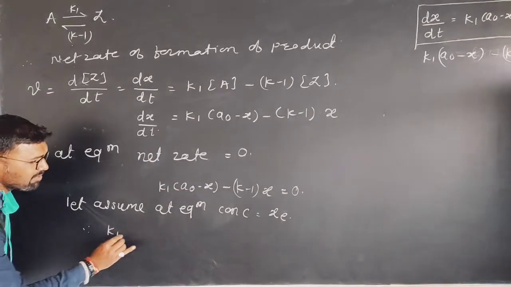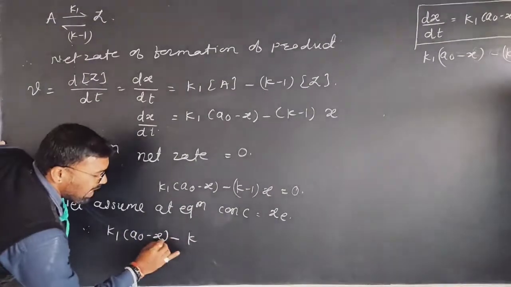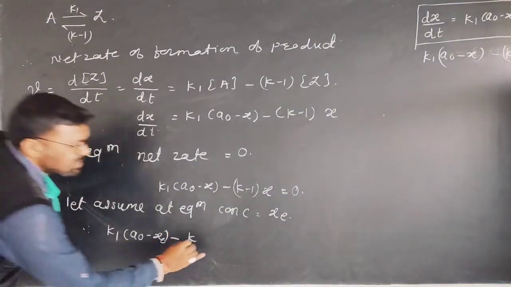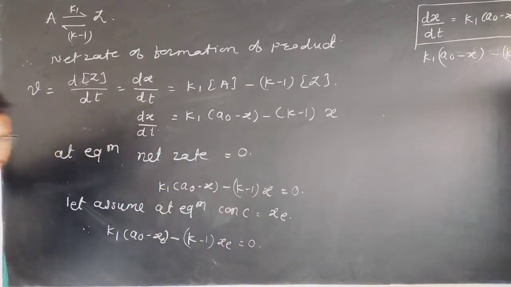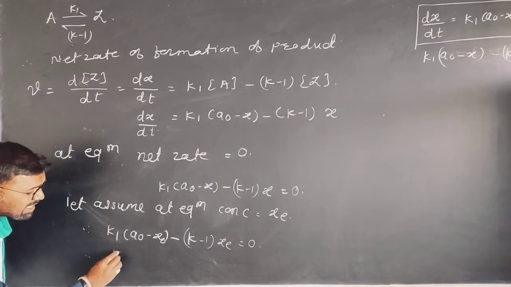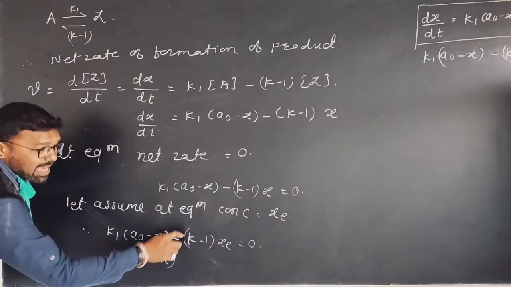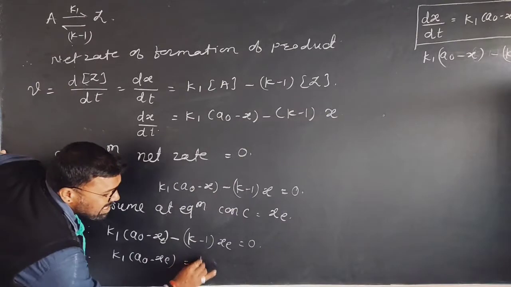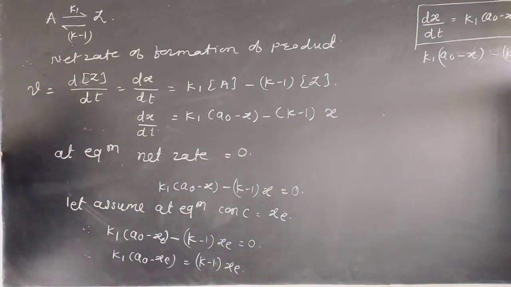Therefore k1 into (a0 minus xe) minus k-1 into xe is equal to 0. So by using this, k1 (a0 minus xe), the minus sign goes to that side, therefore it becomes plus k-1 into xe.